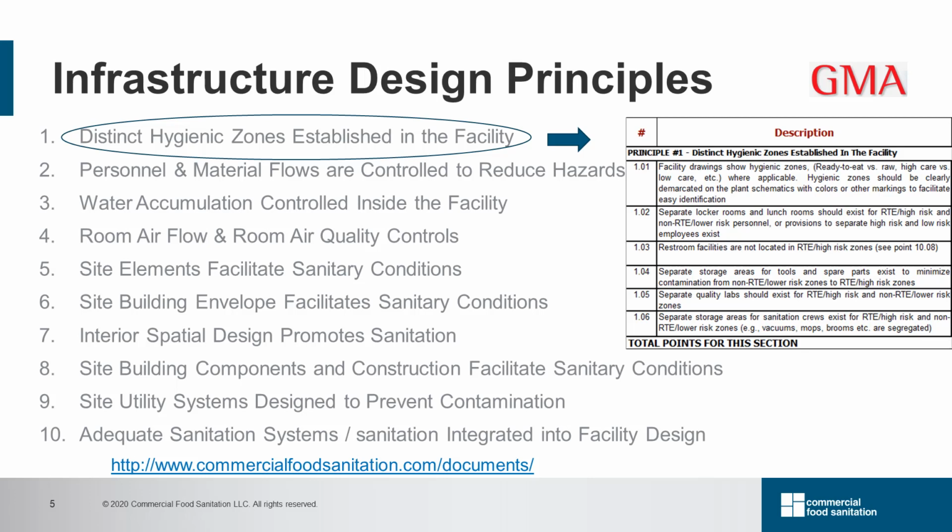GMA's hygienic design principles for infrastructure include 10 main principles, including hygienic zoning, water drainage in the plant, travel pattern and airflow control, workshop environment requirements, building structure and construction requirements, internal facility design and construction requirements, utility design requirements, and design requirements for the sanitation system.